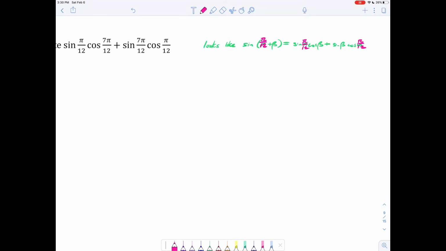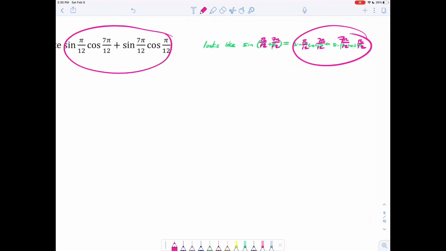And I'll replace all my betas with 7 pi over 12. So what I've got on this side is actually same as what I see here, which means that what this thing is equal to will be this left side right here.